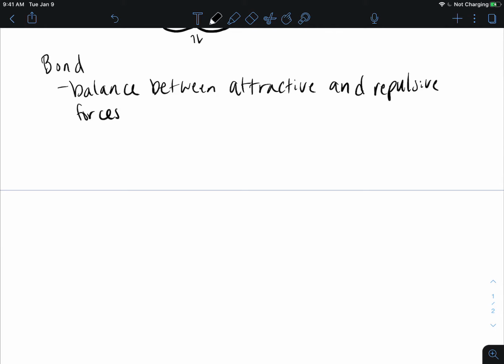So if we think about a hydrogen-hydrogen bond, we think about hydrogen-hydrogen distance versus energy.